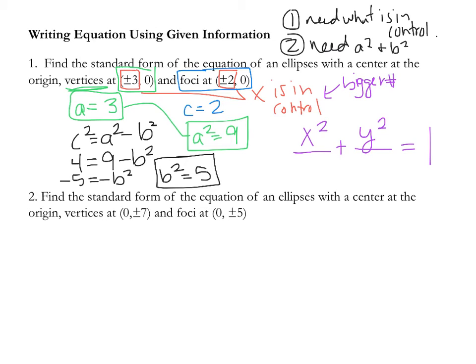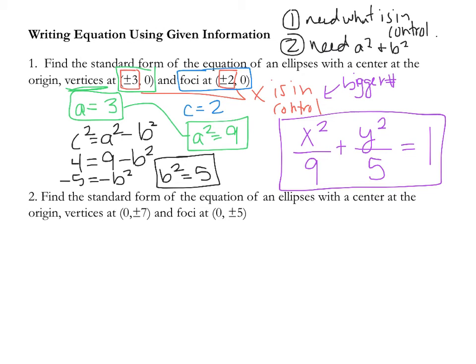We'll talk about that tomorrow. But the bigger number needs to be under what's in control, and right now I know x is in control because that's where the points were moving. They were moving on the x-axis. So that 9 has to go there, the bigger number goes there, and 5 would go there. And that's your equation. But you really have to pay attention to what's in control to decide what goes where.